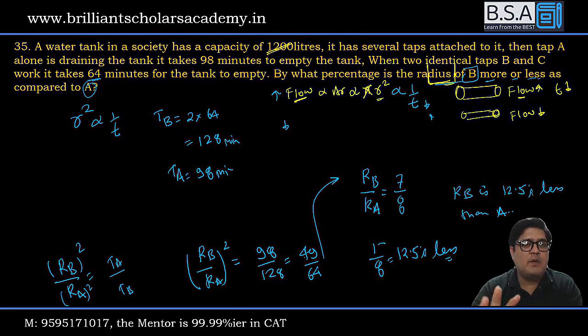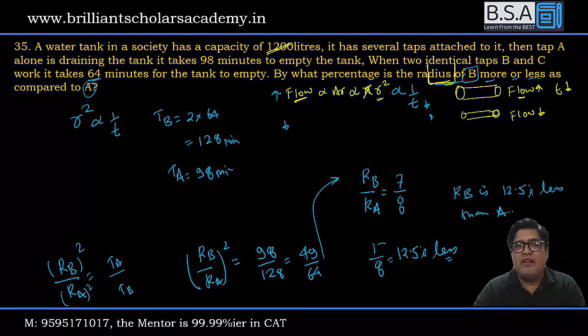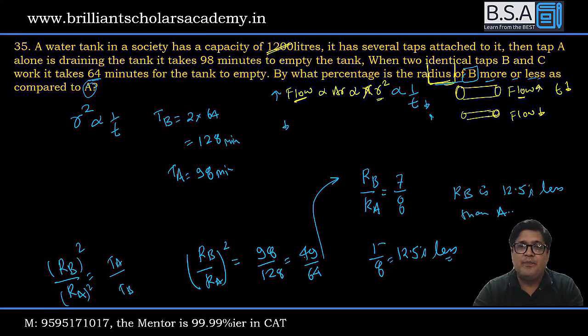The major part was understanding how the things are connected. The 1200 liter has no role to play here. We are not actually calculating the speed or flow. We are working with proportions or ratios of things. You don't have to actually divide the 1200 liter capacity anywhere.